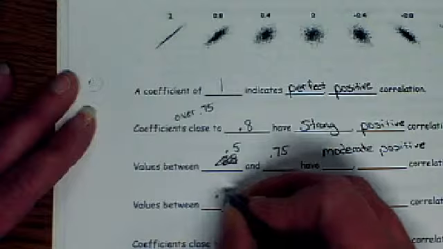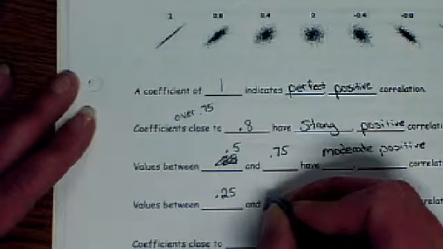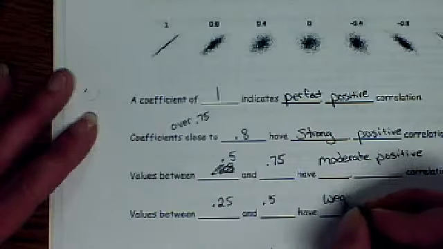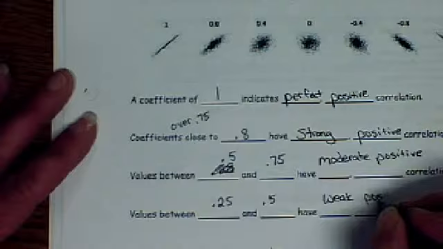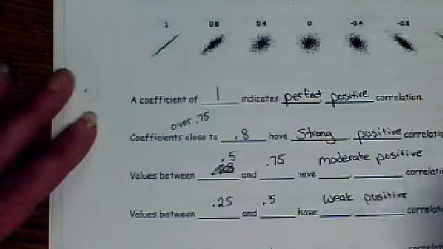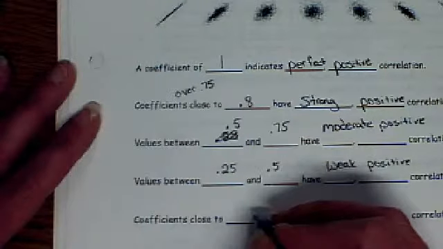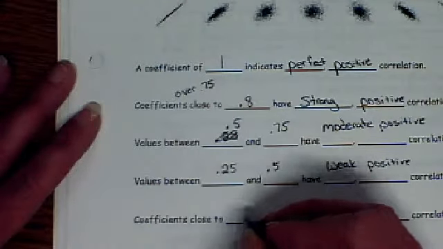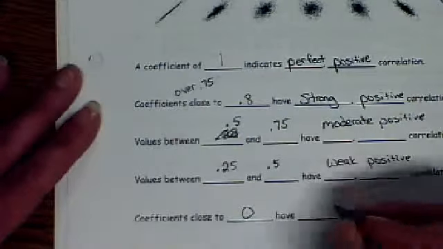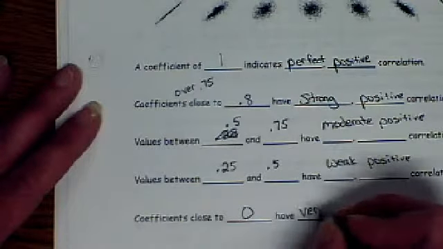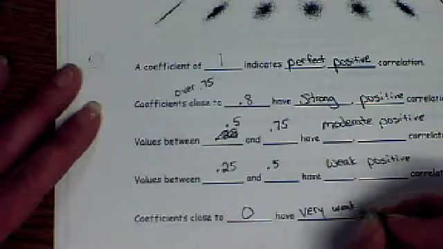If it was between 0.25 and 0.5, so that would be where the 0.4 runs into, we would consider that a weak positive. And if we had a correlation of close to 0, so really low, below 0.25, that would be considered a very weak positive.